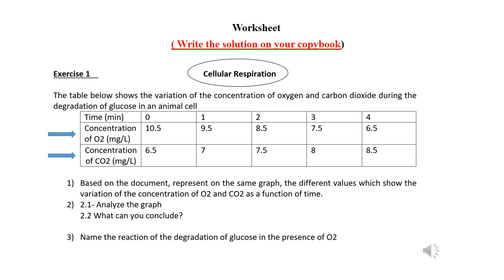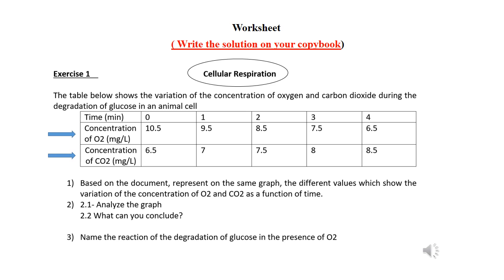We notice that there are two concentrations, one for oxygen and the other for carbon dioxide. After 4 minutes, the quantity of oxygen decreases, which shows that oxygen is being consumed by the cell. On the other hand, the quantity of carbon dioxide increases after 4 minutes, which means that carbon dioxide is being released by the cell. Now, let's answer number 1.